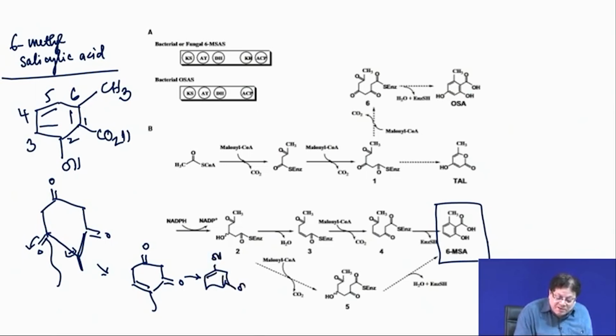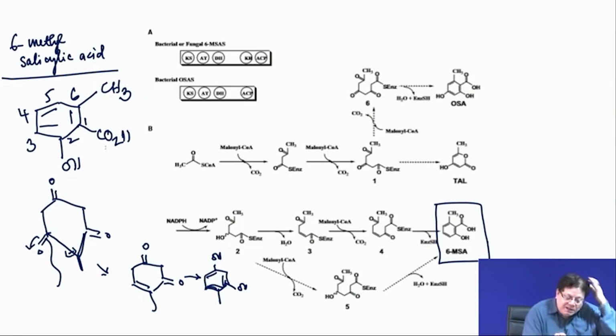So, the interesting point to note is that when the tricarbonyl or tetracarbonyl, whatever, polyketide chain is being made, it can undergo cyclization and form aromatic rings. That is possible. And in many of the polyketides, you will see generation of an aromatic ring or generation of a very large macrocycle compound like in erythromycin.